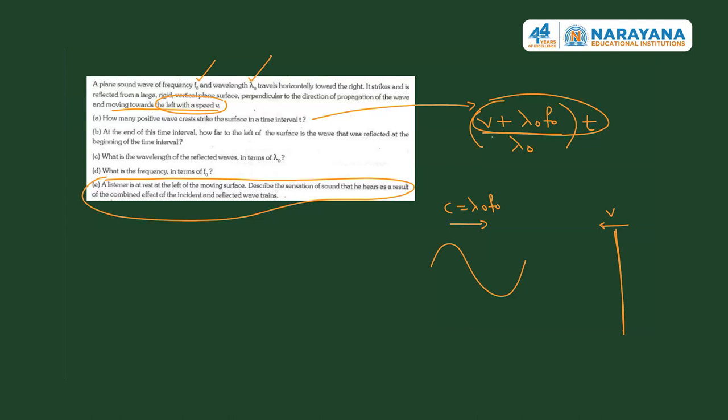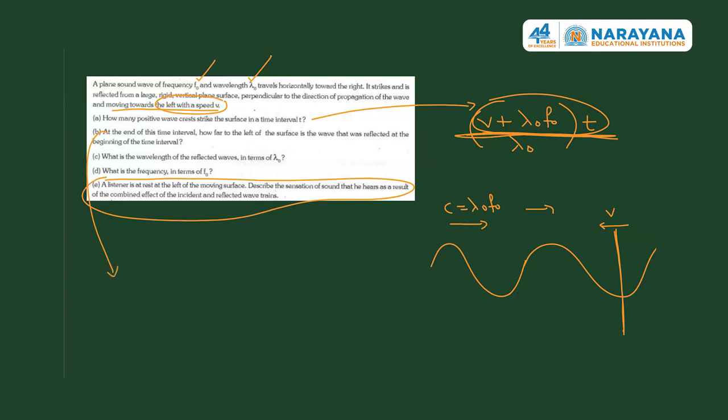And I've just divided that by lambda naught, because that is the distance between two consecutive positive wave crests. So I've found out the relative velocity into t, so that relative displacement, now divided by lambda. I think you understand the number of positive crests that will strike the surface in time interval t. So the answer for A part is (v plus lambda naught f naught) whole into t divided by lambda.